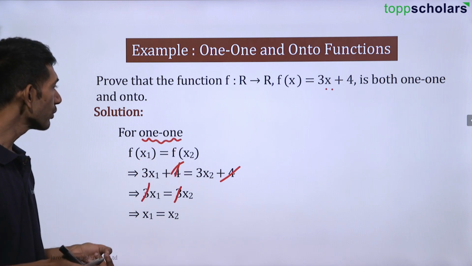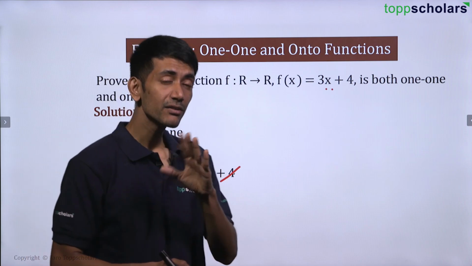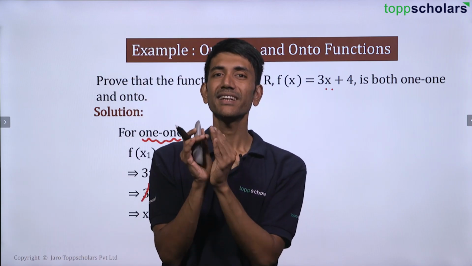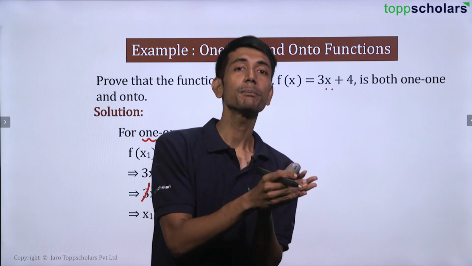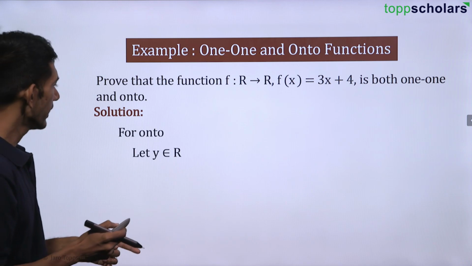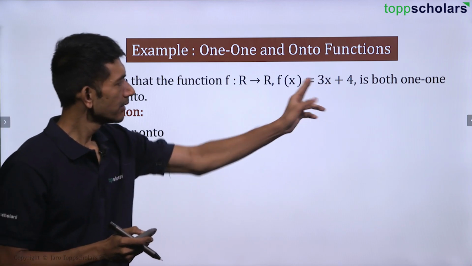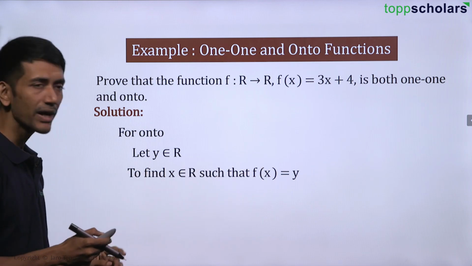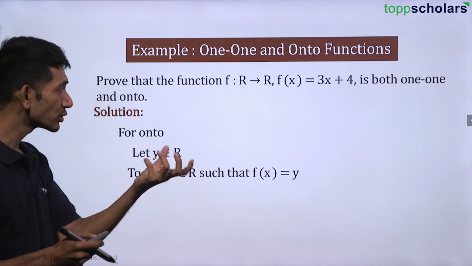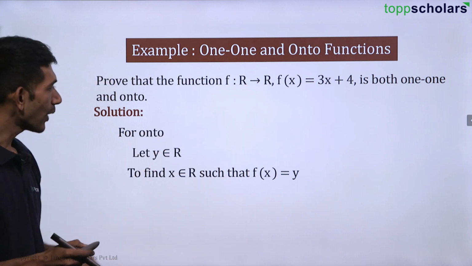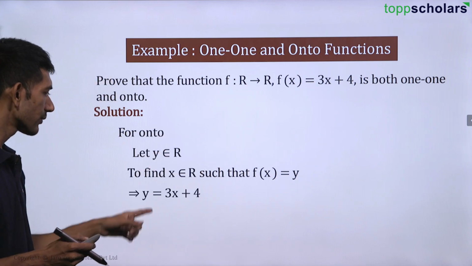Now, how do you prove onto function? That means we are supposed to find out that all the elements in the second set should have the pre-image in the first set. So for that, you can consider f of x is equal to y, where y belongs to R because obviously y has to belong to R. Now, y will be equal to 3x plus 4.